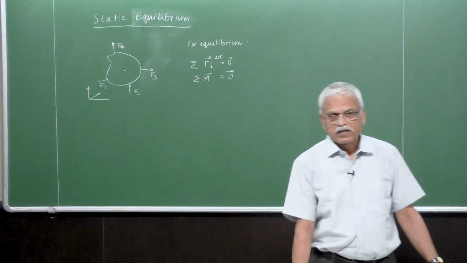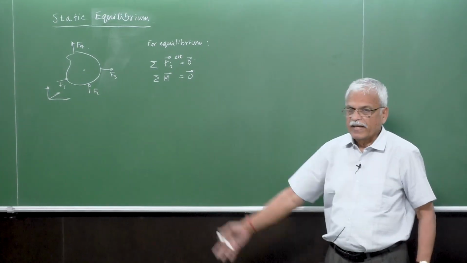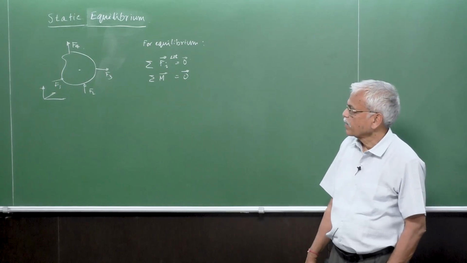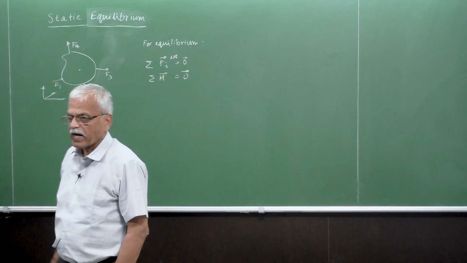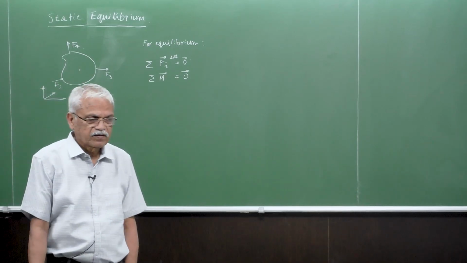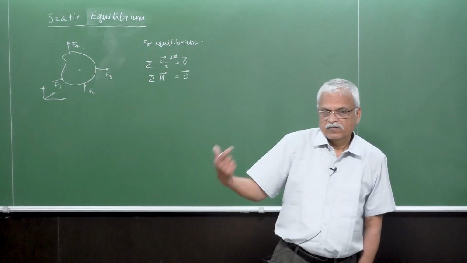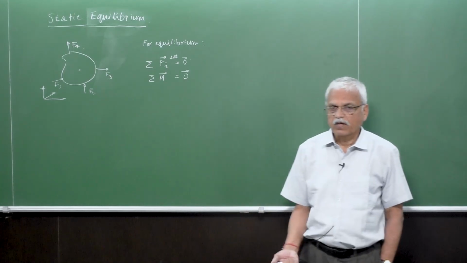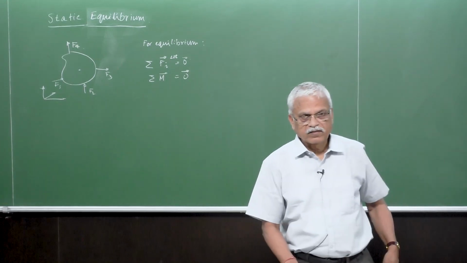So for a plane, this can be condensed to sigma Fx is 0, sigma Fy is 0, and the moment about the z axis is the one which is coming out, so it is 0. So that is 3 equations in the case of 2D.